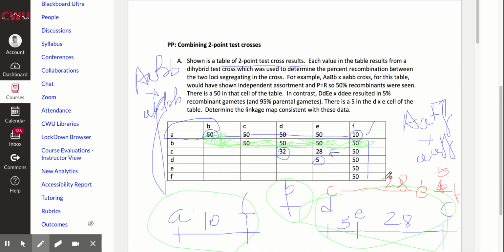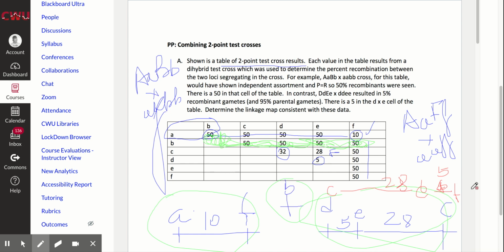And notice that I used a different mapping convention. Here I used a line with hashes and then the numbers, and here I use a disrupted line with here's my C gene and a line that's 28 map units long, and E, and a line that's 5 map units long, and an F. Either of these are fine. Those are the 2 common ways that people write it out.